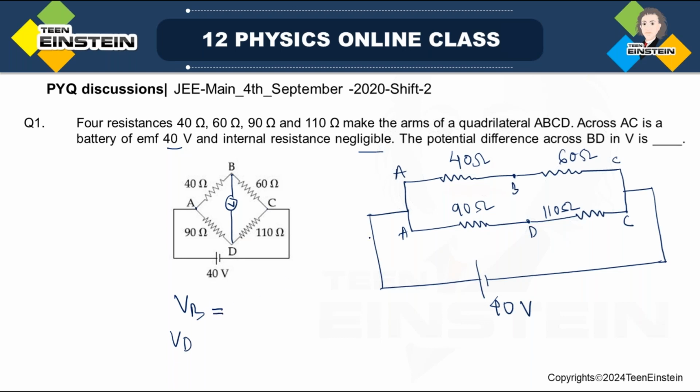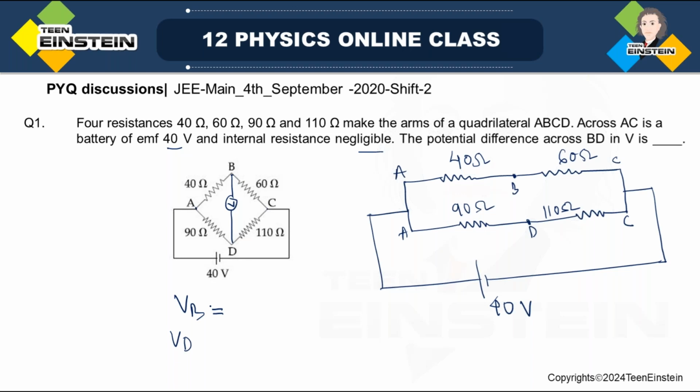We can find the voltage drop across 60 ohm to get the voltage of point B. If you want the voltage of point B, you have to find the voltage across this 60 ohm. Similarly, the voltage at D will be the voltage drop across this 110 ohm.